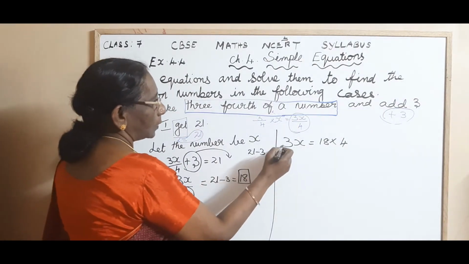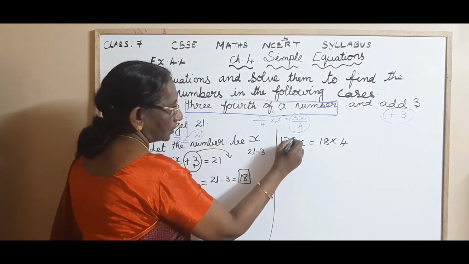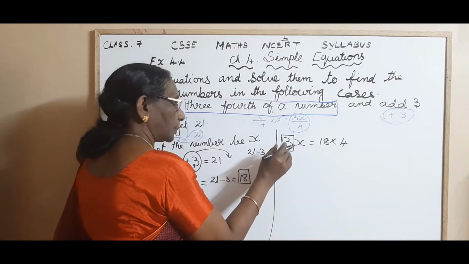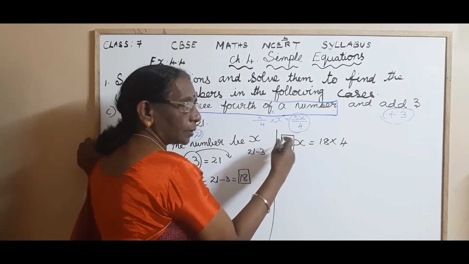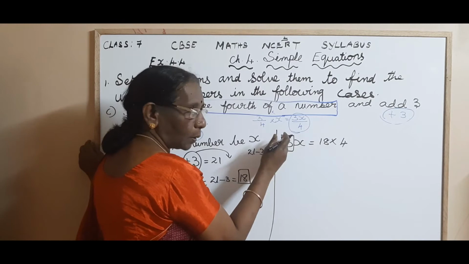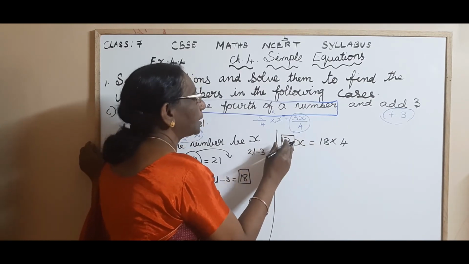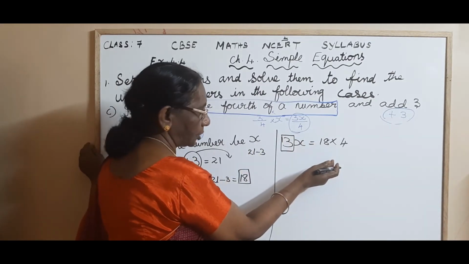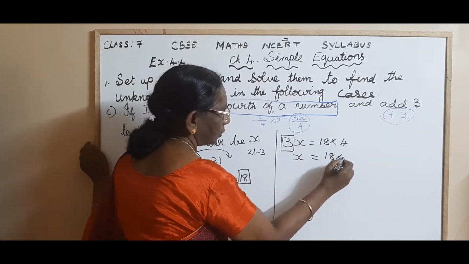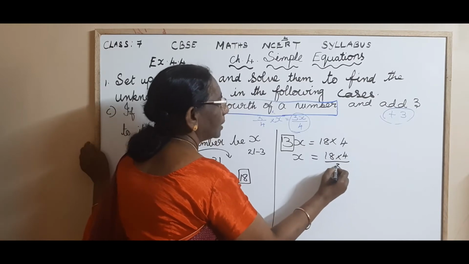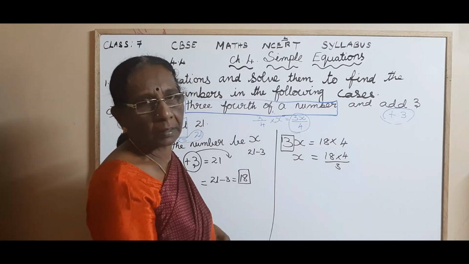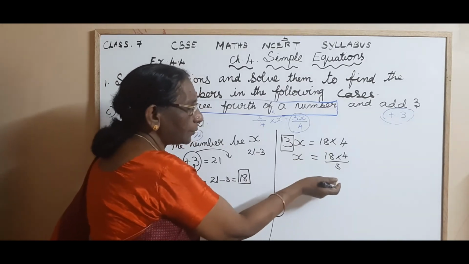Now, what should you do? It is 3x. You have to eliminate this 3, that is, transpose this 3 from LHS to RHS. When you are transposing 3 from LHS to RHS, this multiplication will be changed to division. So x is equal to 18 into 4 by 3. No need to multiply, children. If you multiply, sometimes you may make a mistake. You can simplify this.